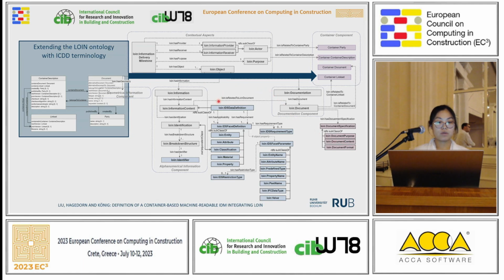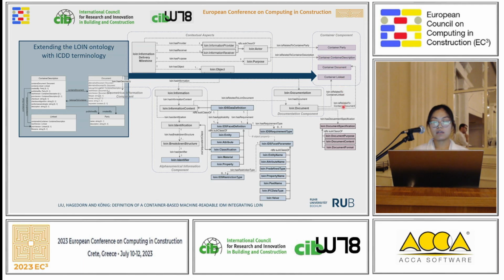The object property is related to LOIN document makes a better connection between the required information and the defined LOIN documentation. To describe the container, the instances of information delivery milestone and the purpose can be linked to the container description using the object property is related to container description. The same way is also used for the actor defined using the LOIN ontology, linked to the container class party.